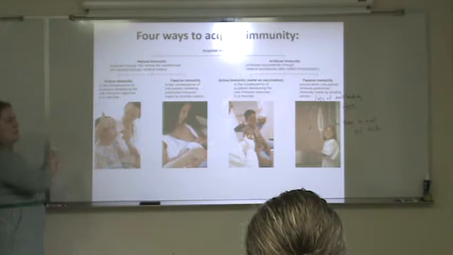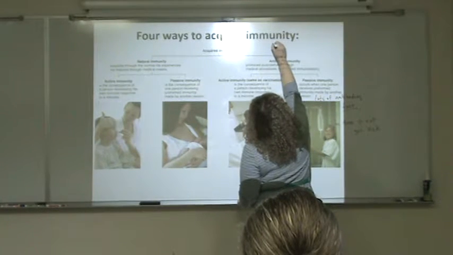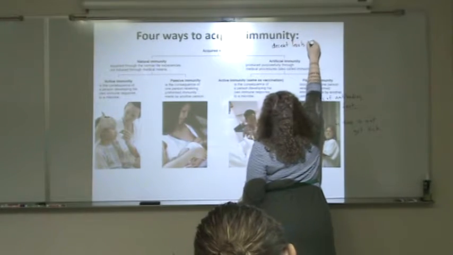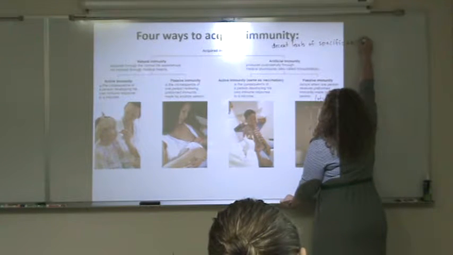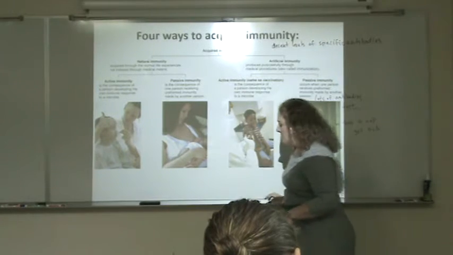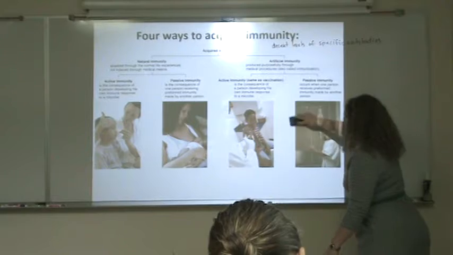So it says 4 ways to acquire immunity. Instead of immunity, write decent levels of specific antibodies. How did you get the decent levels of specific antibodies that you have right now?